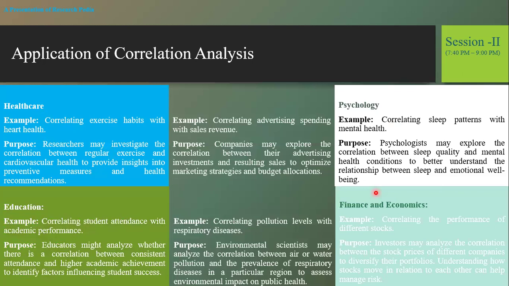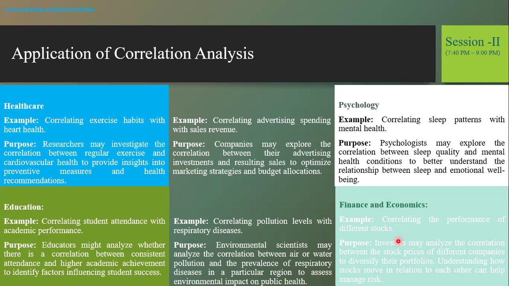You may be interested in the finance and economy domain, where you would like to find out the performance of different stocks, and you would like to correlate the stocks of different companies to find out whether there is a positive correlation, a negative correlation, or no correlation. This would be helpful in analyzing the risk factor.